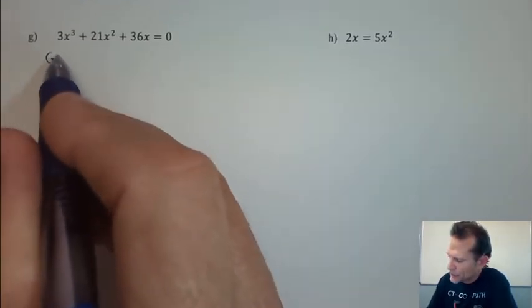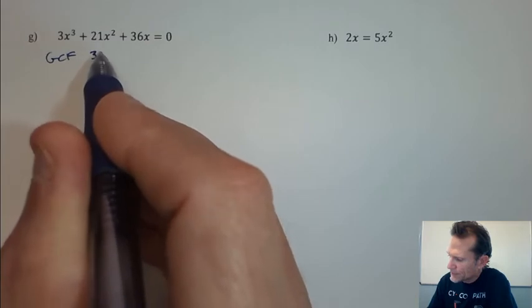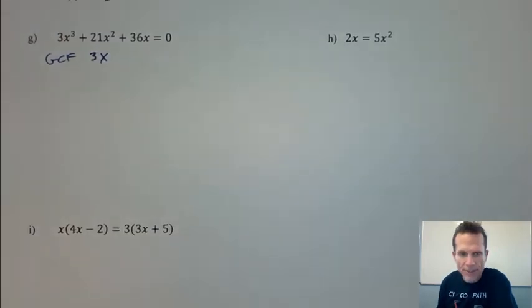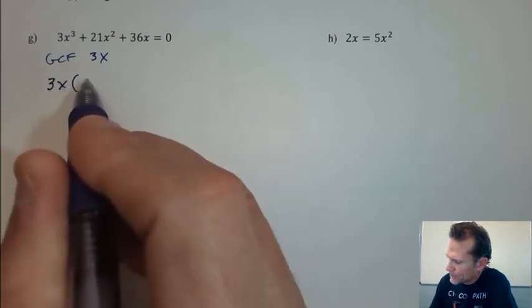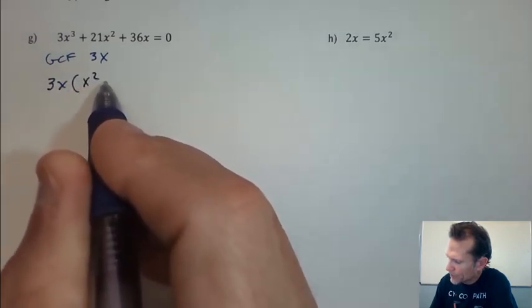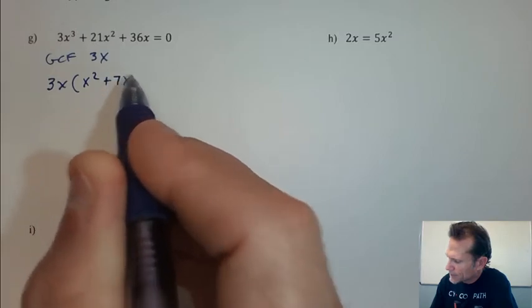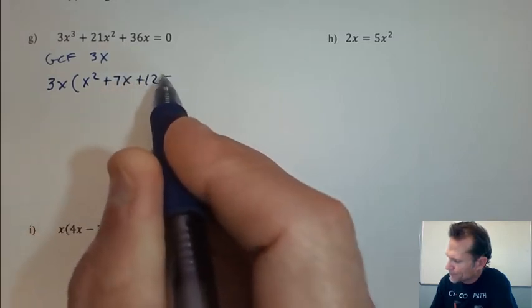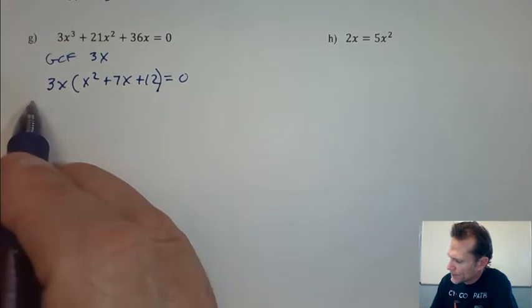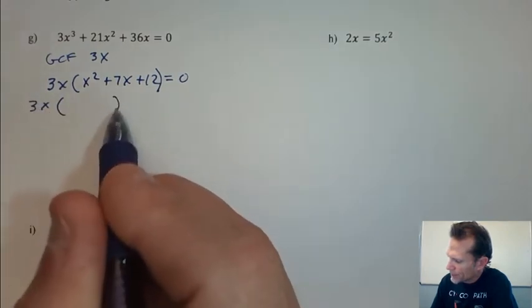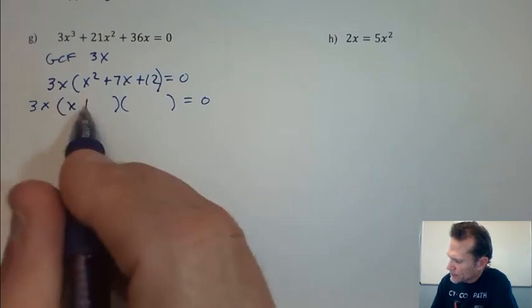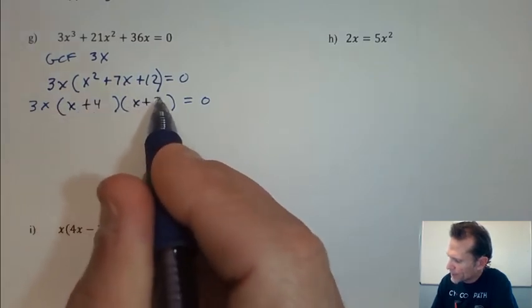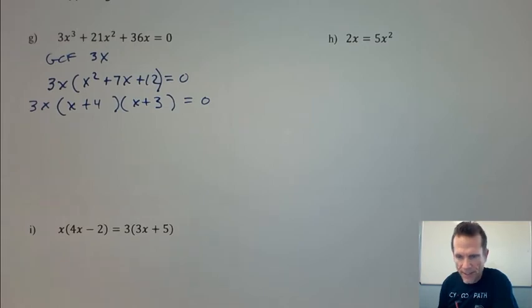Factoring out the GCF of 3x, I have 3x times x squared plus 7x plus 12 equals 0. Now I'm going to factor my trinomial into x plus 4, x plus 3. Remember, you want to take time to make sure your factoring is correct.